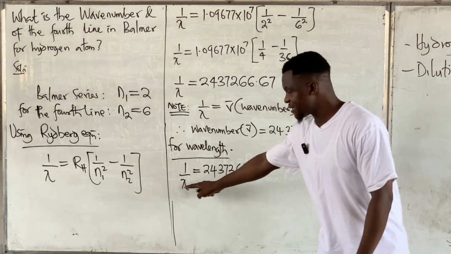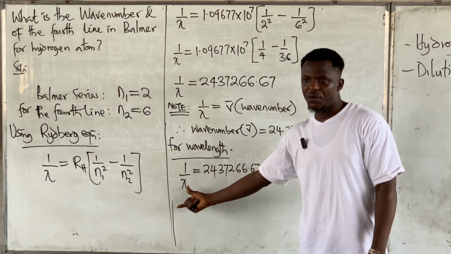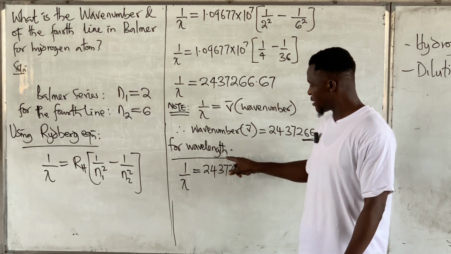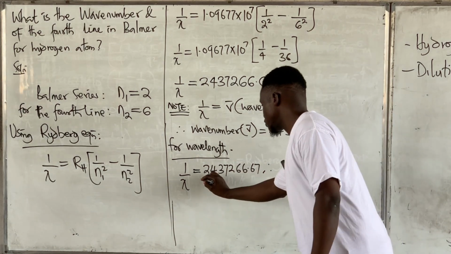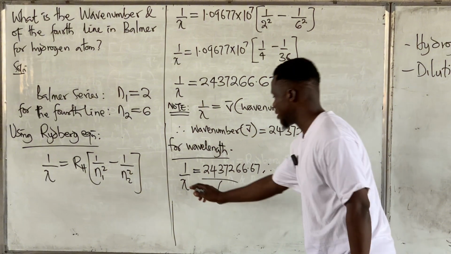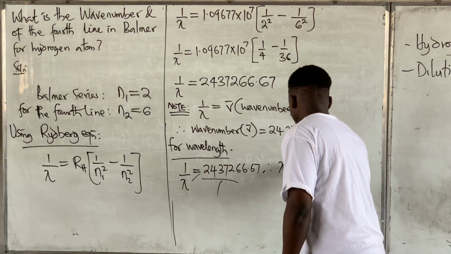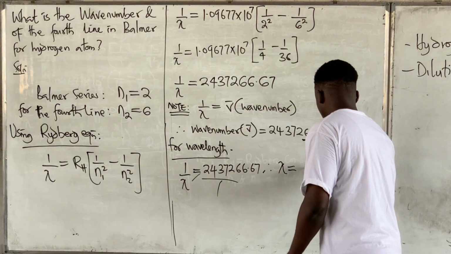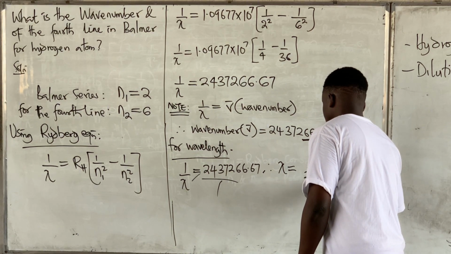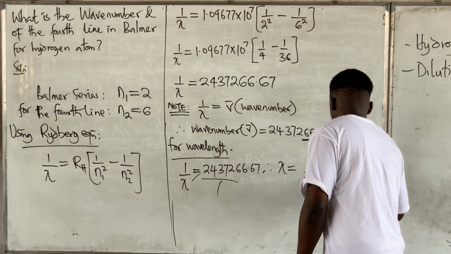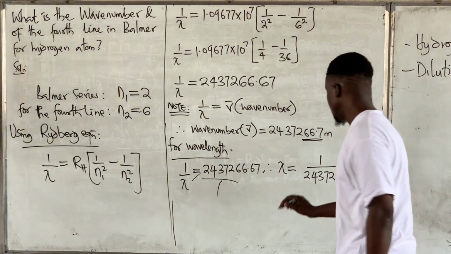Now wavelength is this guy. So if I make this the subject of the formula, it's more like taking the reciprocal of this. So lambda, which is the wavelength, equals 1 all over 2437266.67.